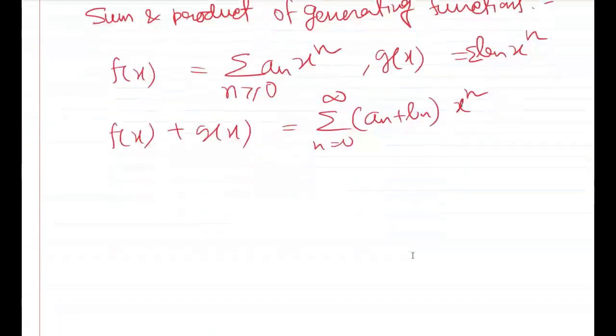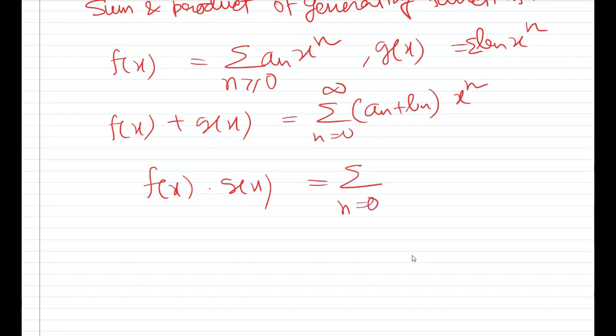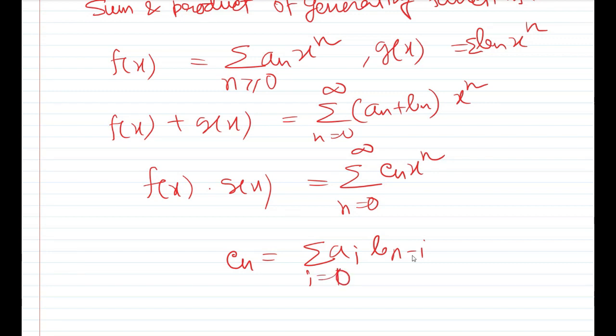And f(x) into g(x) is equal to the summation from n equal to 0 to infinity of cn x to the power n, where cn is the summation of ai bn minus i, where i is from 0 to n.